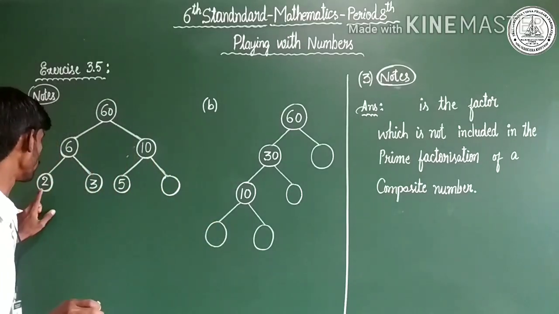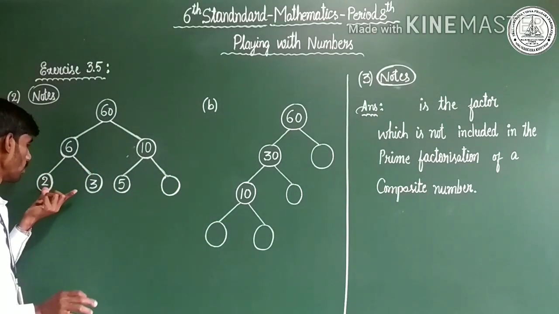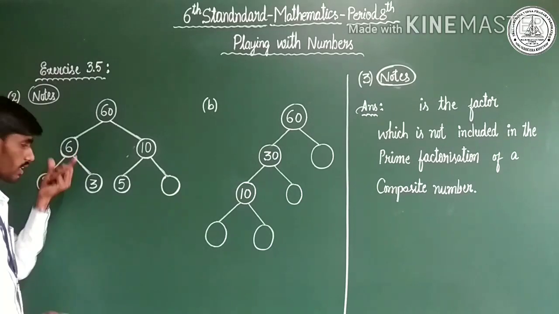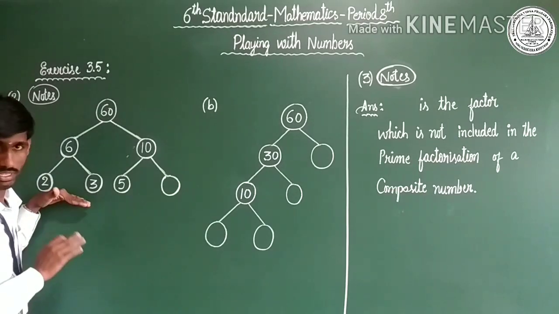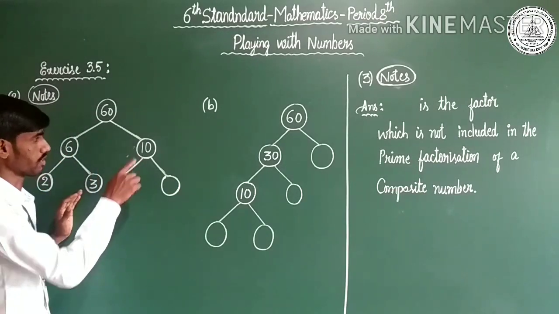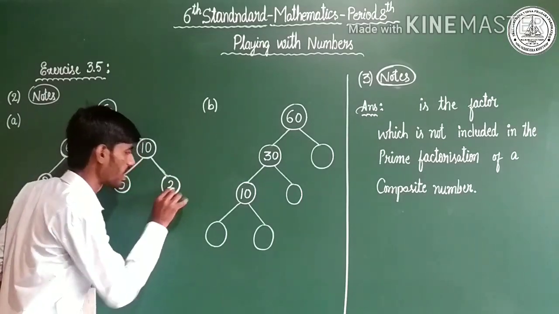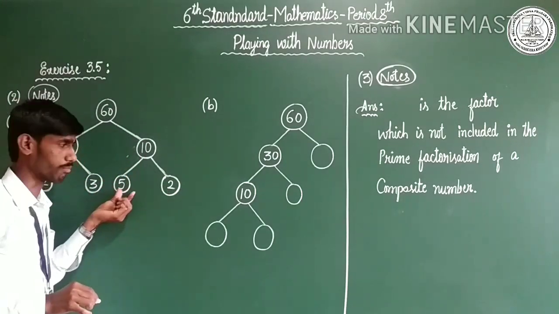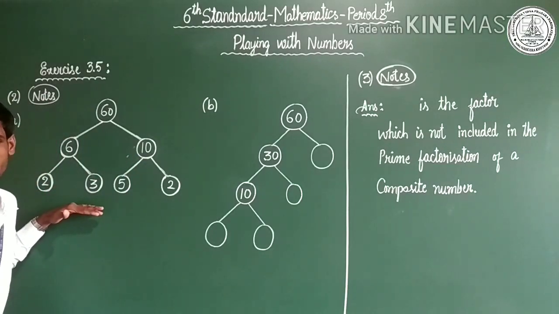It is not possible to divide once again. Next, 10 can be written as 5 times 2. 5 is a prime number, 2 is a prime number. The problem has been completed.